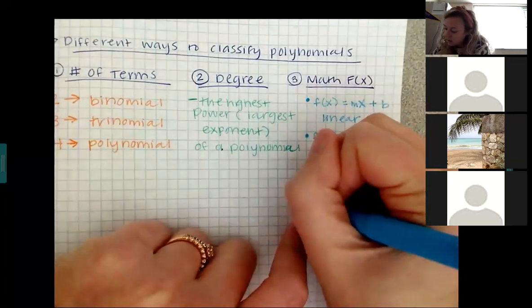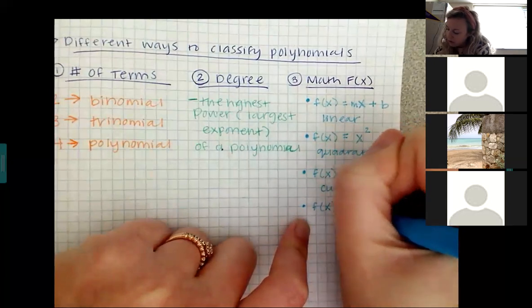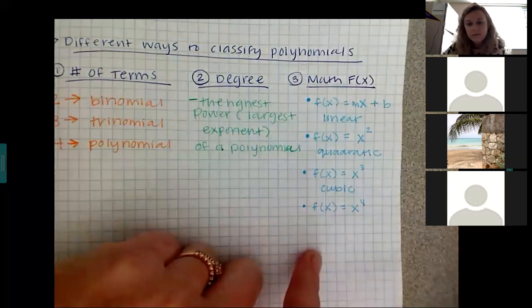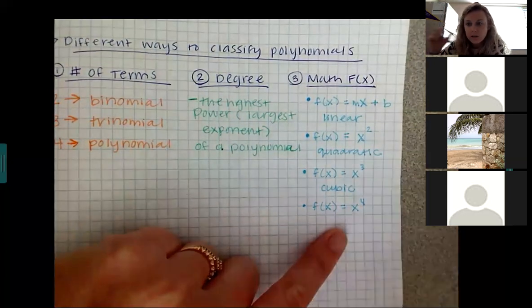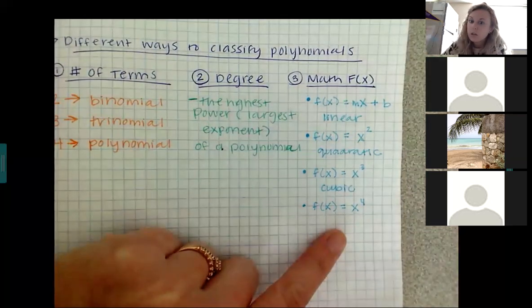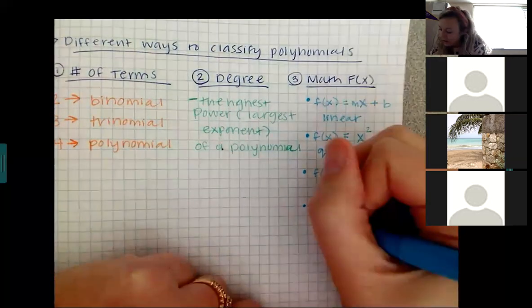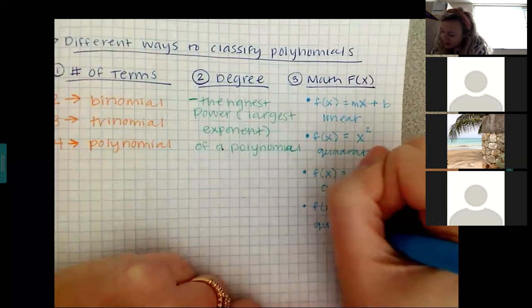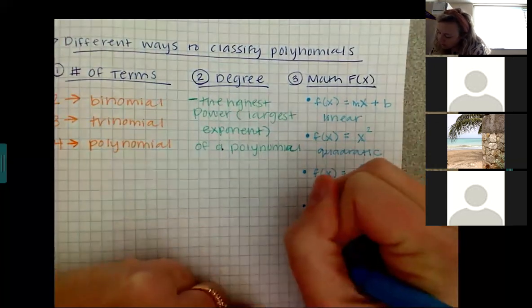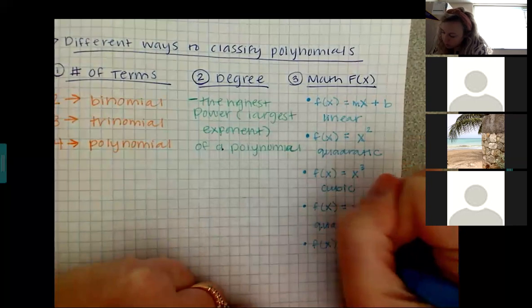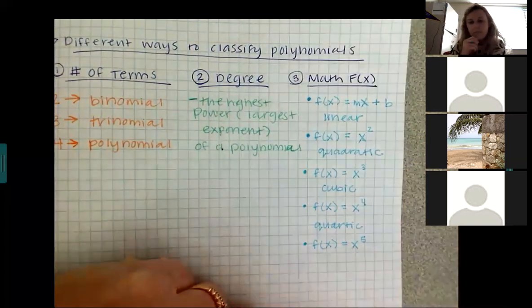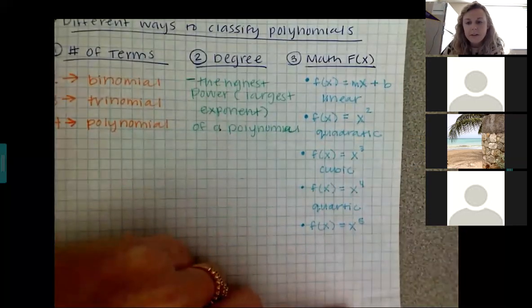Anybody want to guess what it's called if it's raised to the 4th power? It's a cooking word. Starts with a Q. Quart. Quartic. Good. And then we'll just stop at one more. They do keep going, but we'll just stop at 5th. Anybody want to guess what 5th is called?